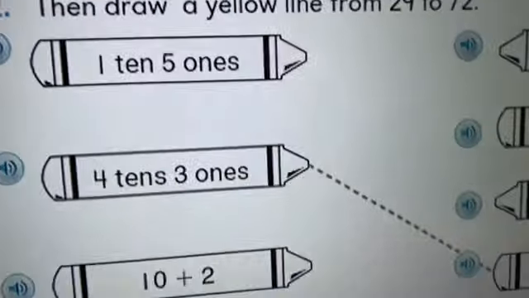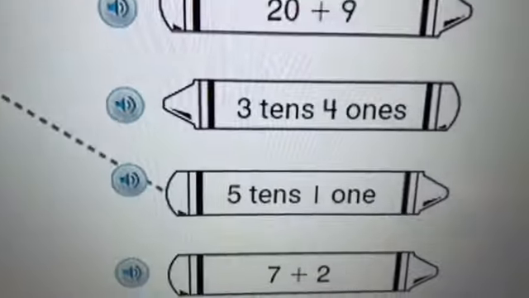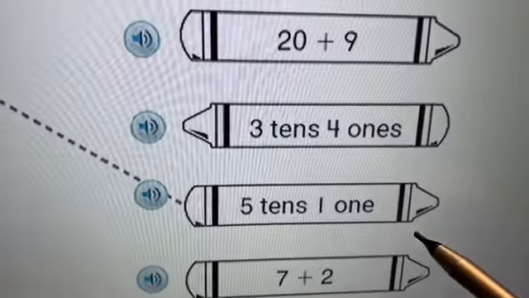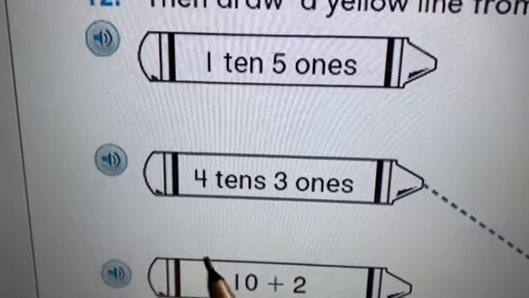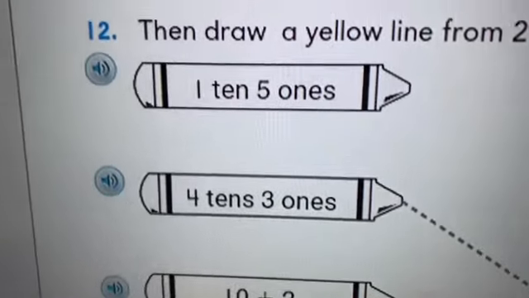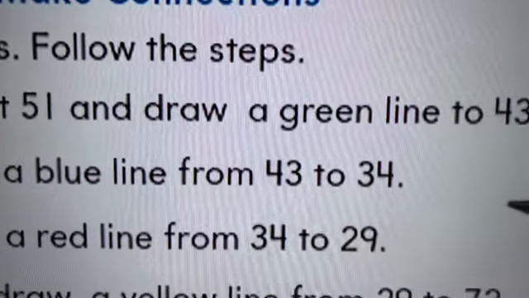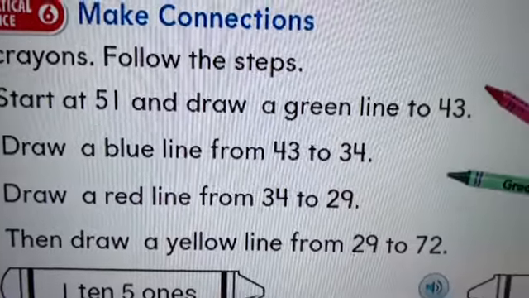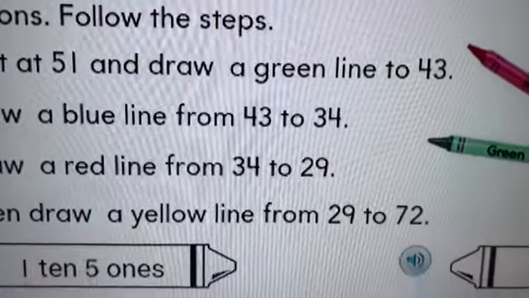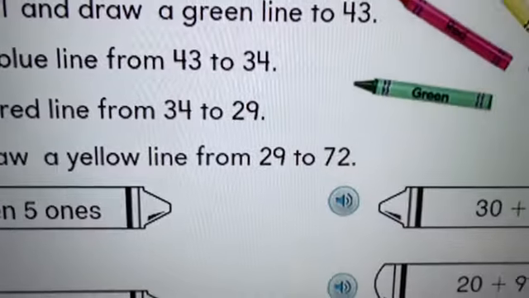So 51 is right here, 5 tens, 1 one, to 43, 4 tens and 3 ones. So you really have to read those. The next one is 43 to 34, 34 to 29, 29 to 72.